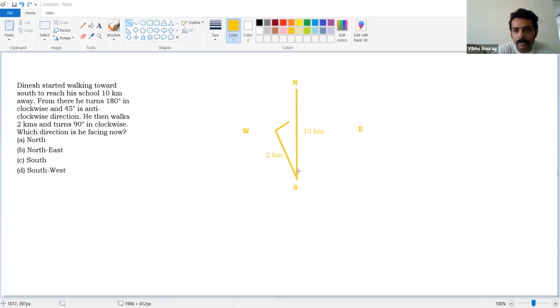Did you check whether you made any mistake in clockwise and anti-clockwise? After turning 90 degrees, when he turns 45 degrees anti-clockwise, then he is going northwest. Then again, turn him 90 degrees clockwise, then he's going northeast.